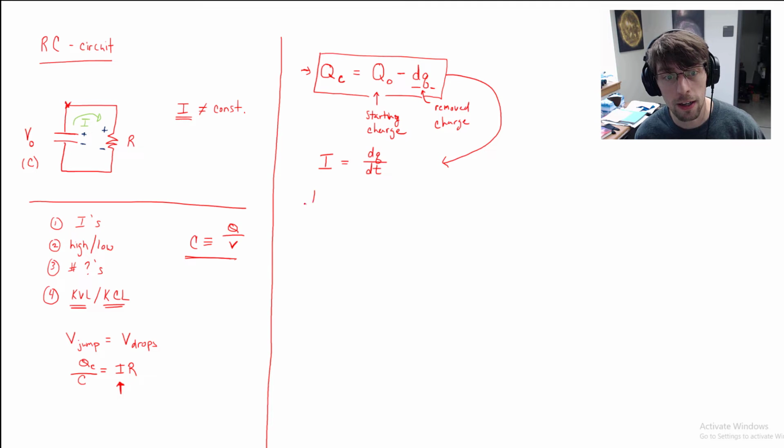So I have I is equal to the initial charge, the starting charge on the capacitor, minus the current charge on the capacitor. And then, of course, that's what dq is. I'm taking a time derivative of that.